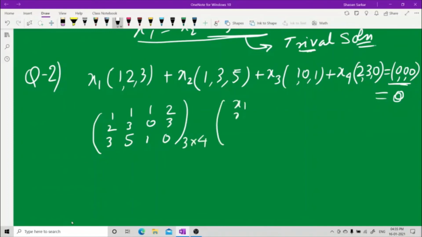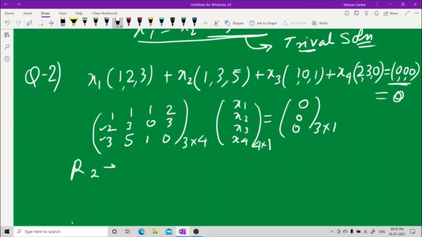You have x1, x2, x3, x4, a 3 cross 4 matrix times a 4 cross 1, so you will get a 3 cross 1 result, 0, 0, 0. Now you make these entries 0. How? R2 becomes R2 minus 2R1, and R3 becomes R3 minus 3R1.